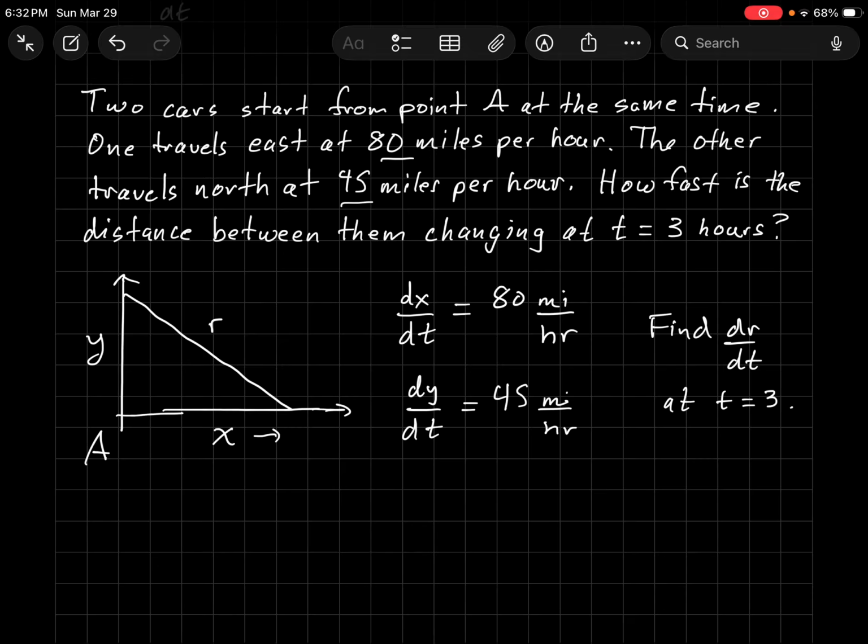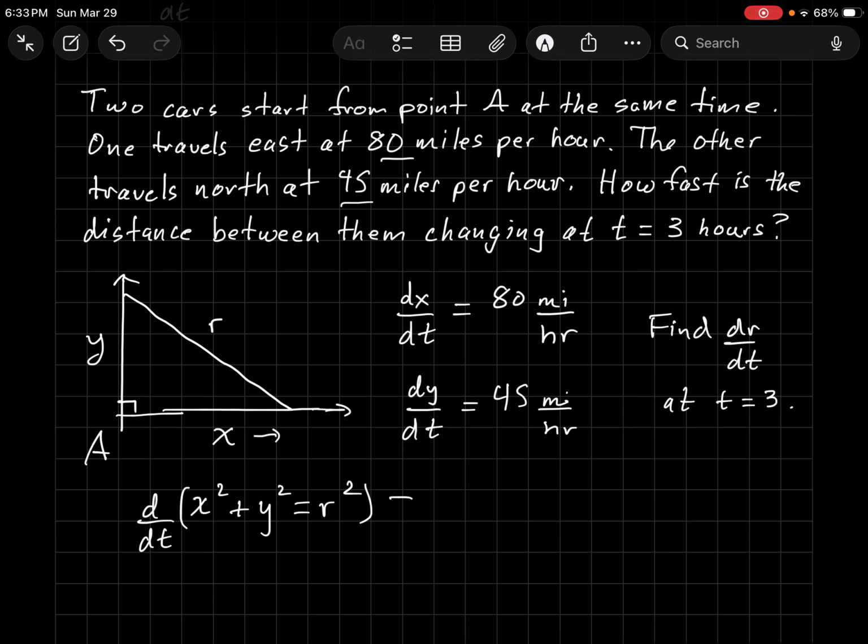Now the next step I do is I want to find an equation that relates the variables. Hopefully you already realize we're going to be doing Pythagorean theorem. So we can do x squared plus y squared equals r squared. And we want to take the derivative of this with respect to time.